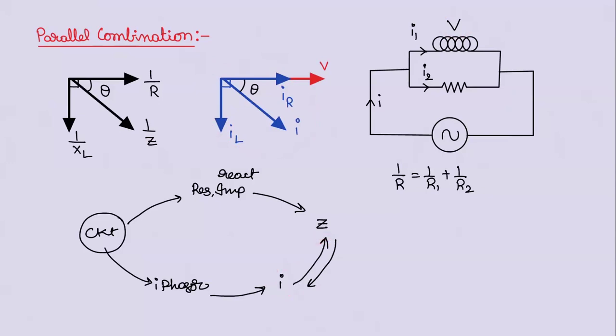Whatever way you want, you can go through. I always go through current phasor. Nothing, I won't go through any other method. It's my choice. I'll always calculate current, I add current, I'll get net current. Then once you got net current, you can find impedance Z. The other way around also you can do. That's the final thing.